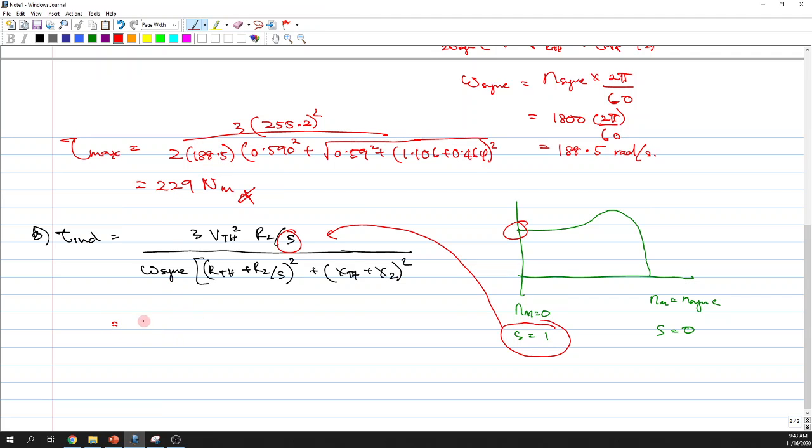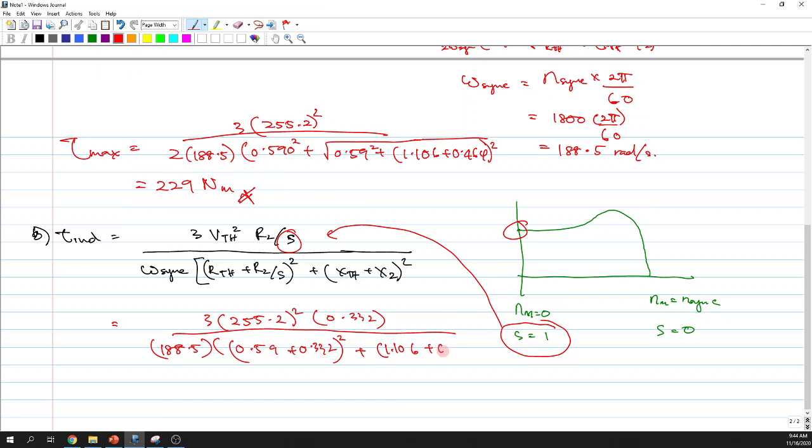So we put everything. VTH is equal to 255.2 square times 0.332 ohm, divided with omega sin, which is 188.5, and times RTH, which is 0.59 plus 0.332, this one is square, plus 1.106 plus 0.464, the square.